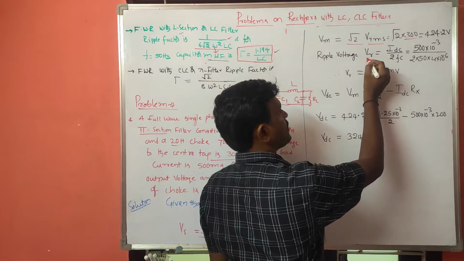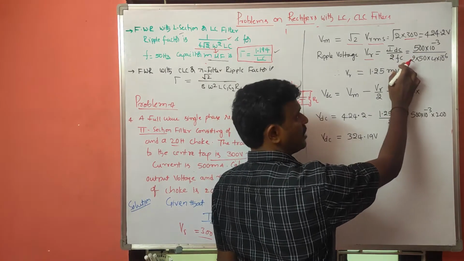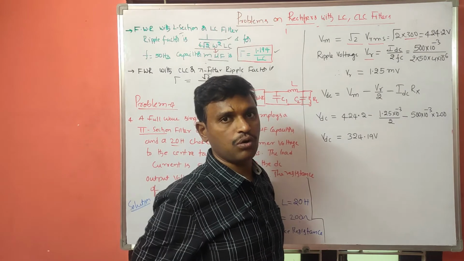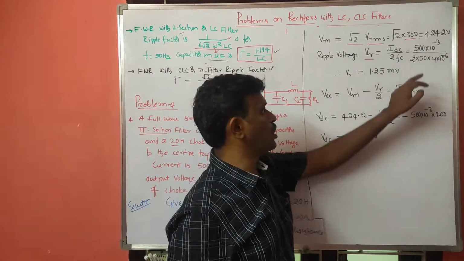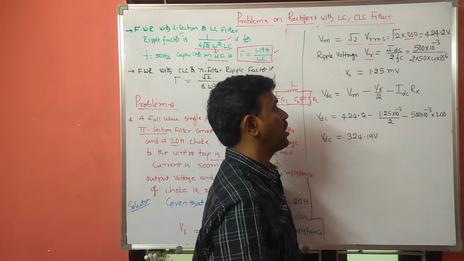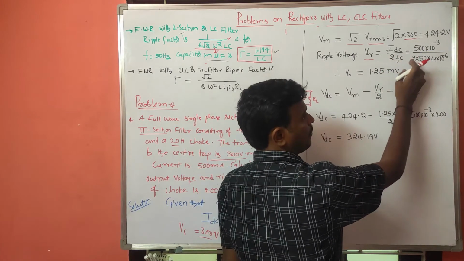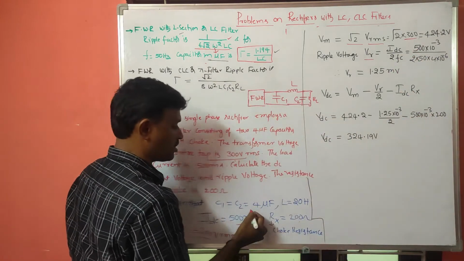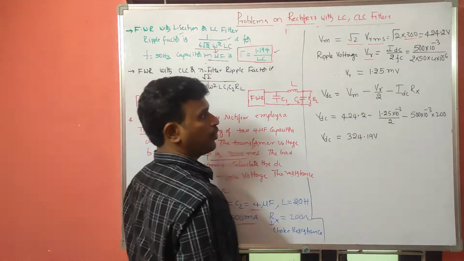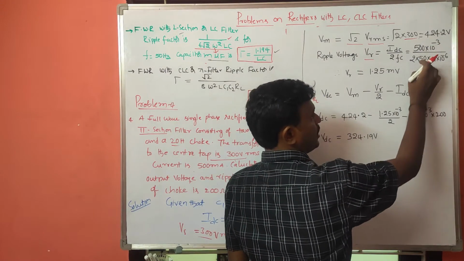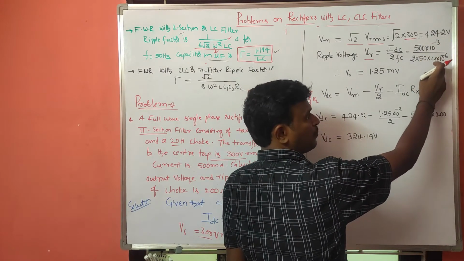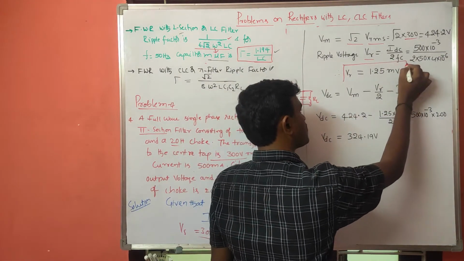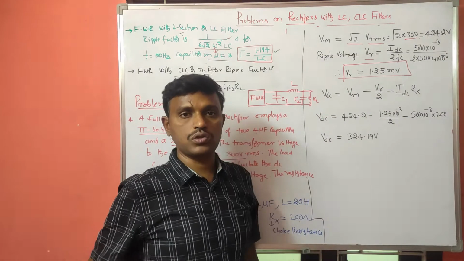Therefore V gamma is equal to IDC by 2FC, that is 500 into 10 power minus 3, divided by 2 multiplied by F multiplied by C, where F is 50 Hz and C is 4 microfarad. So 500 into 10 power minus 3 divided by 2 into 50 into 4 into 10 power minus 6. If you calculate that, the ripple voltage we get is 1.25 millivolts.